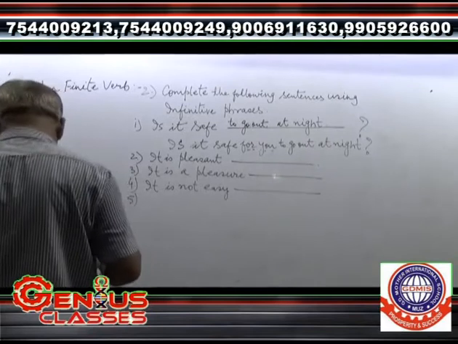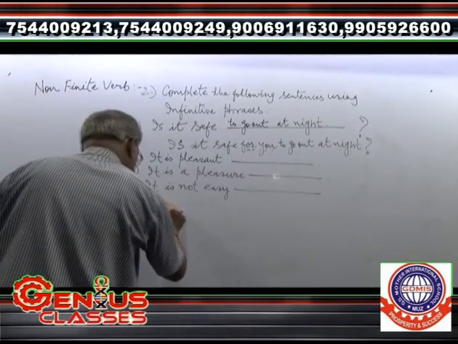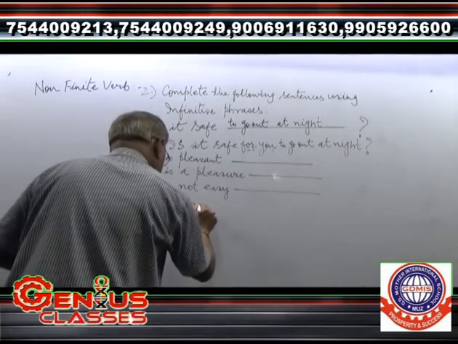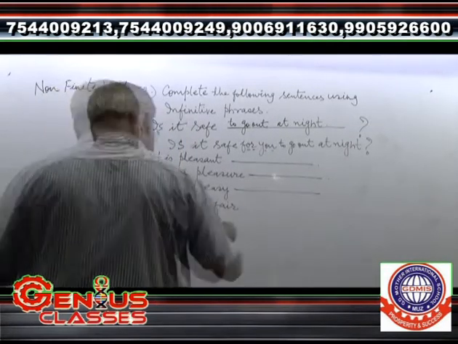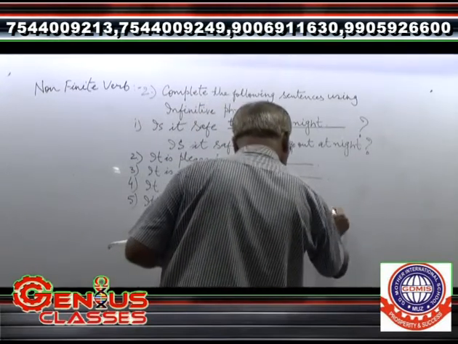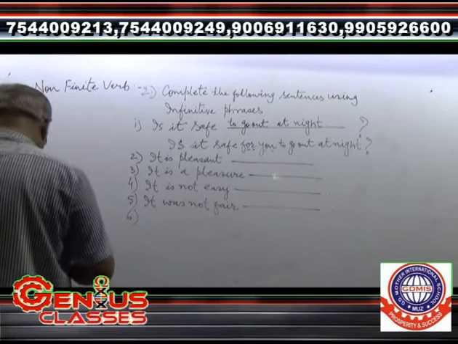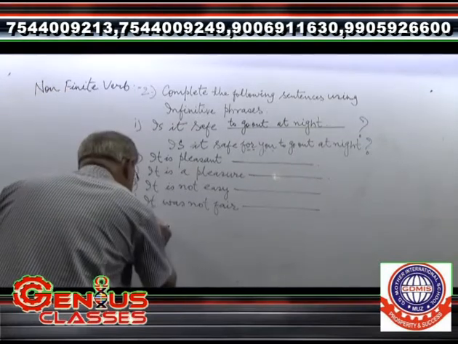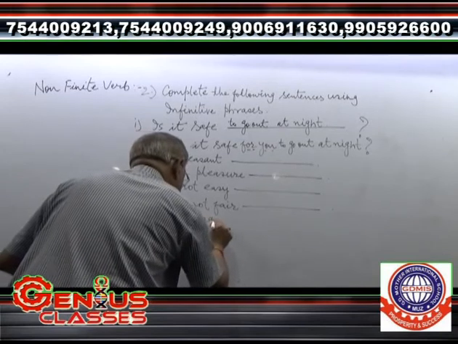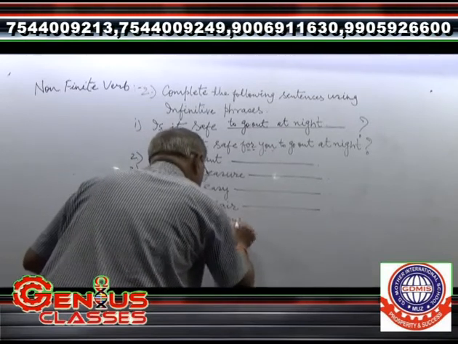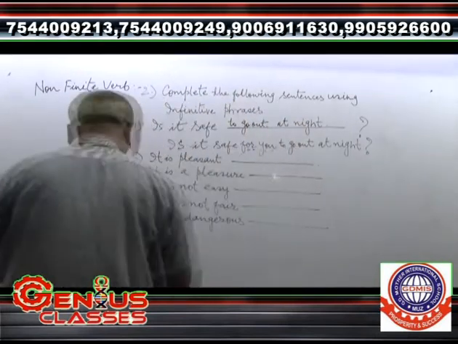Number 5. It was not fair, then a long dash, full stop. Now number 6. It is dangerous, then dash, full stop.